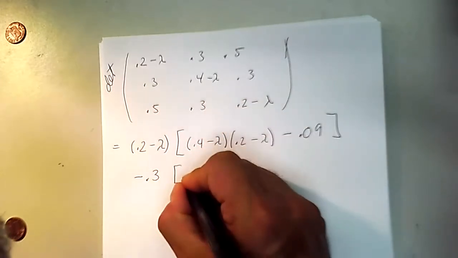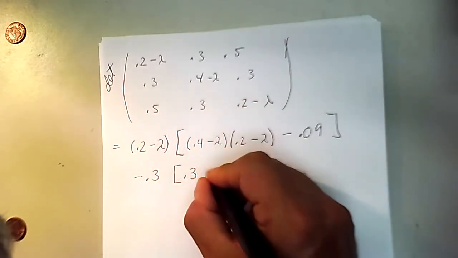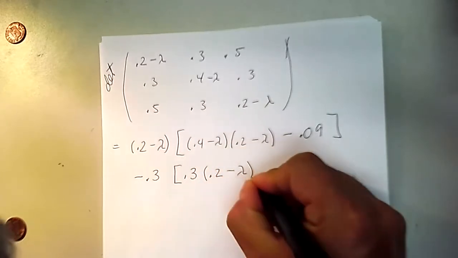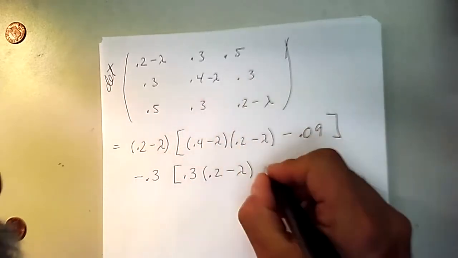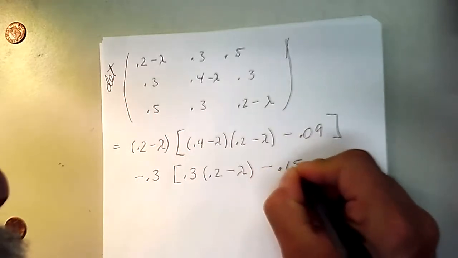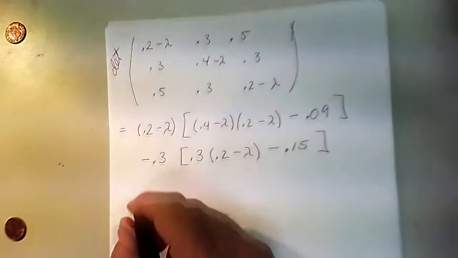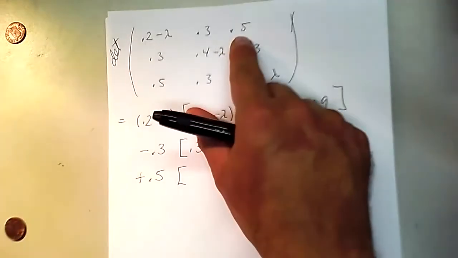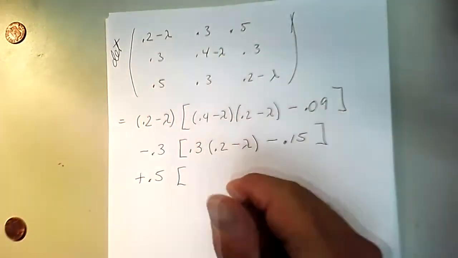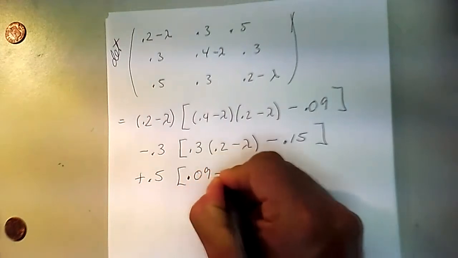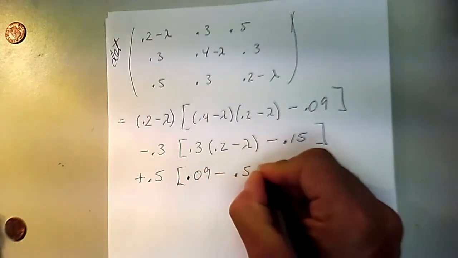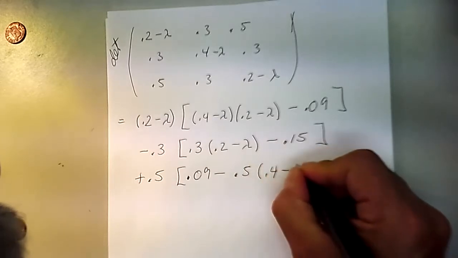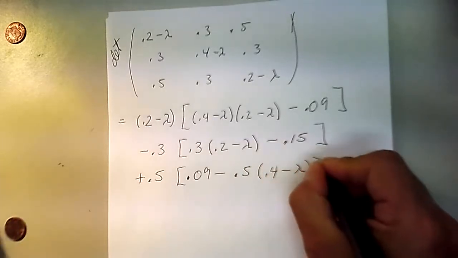So we have 0.3 times 0.2 minus lambda, and then minus 0.15, and then plus 0.5, 0.5 times 0.09 minus 0.5 times 0.4 minus lambda.